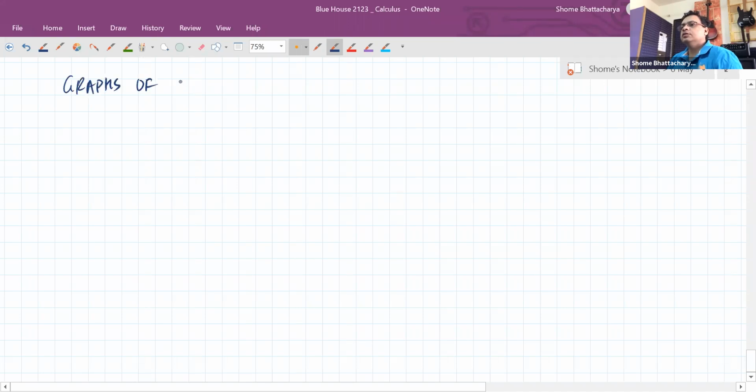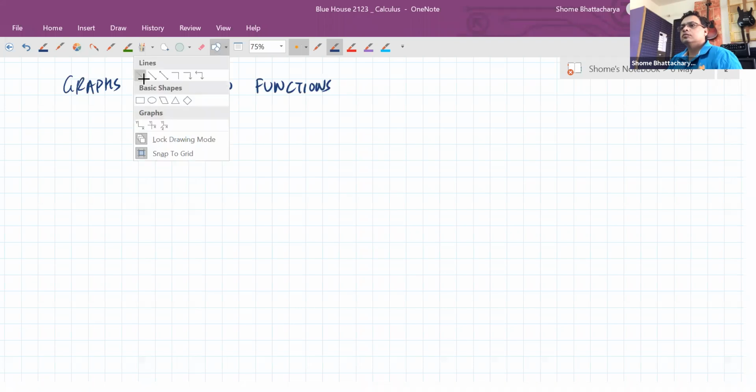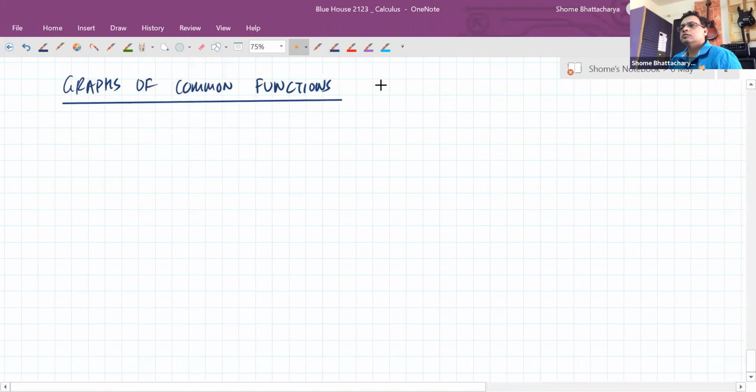graphs of some common functions. So let's look at the graph of y is equal to x square now.